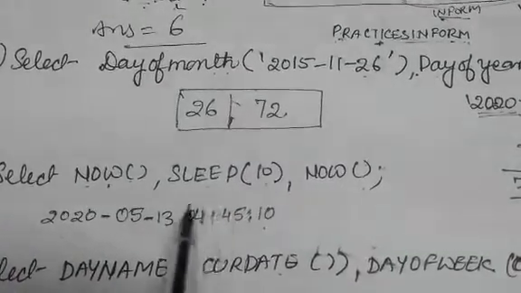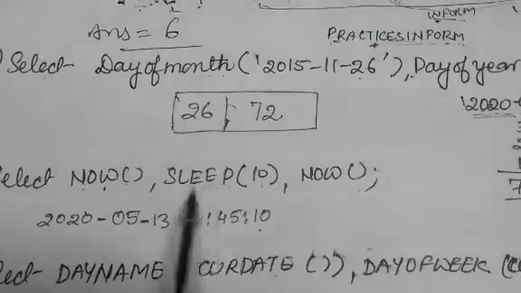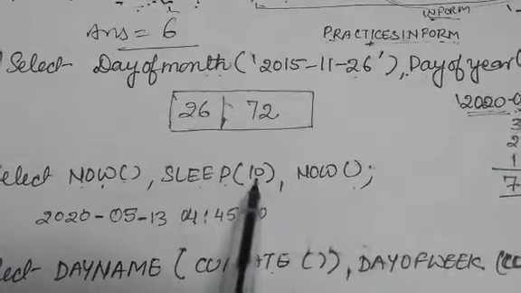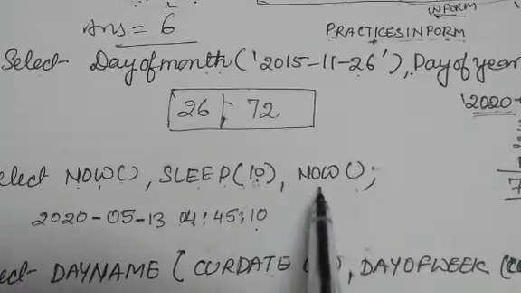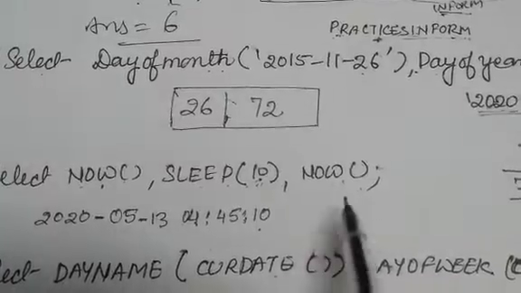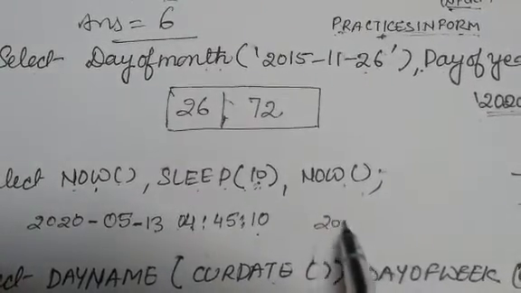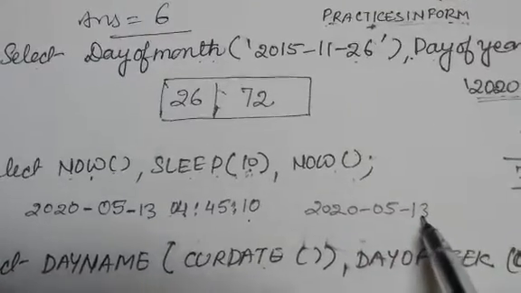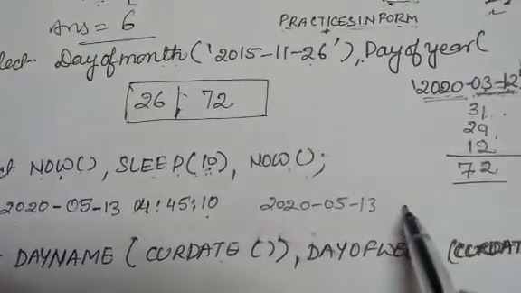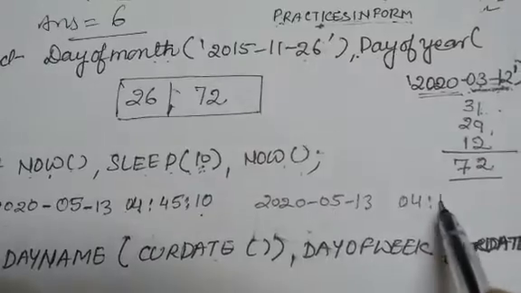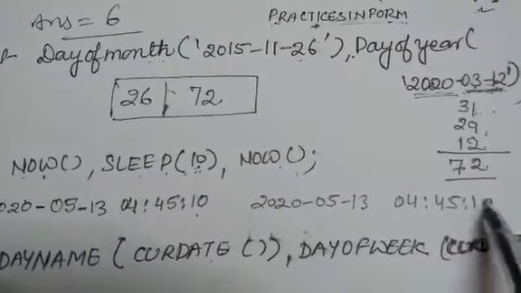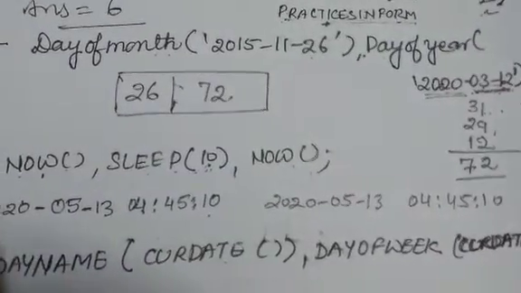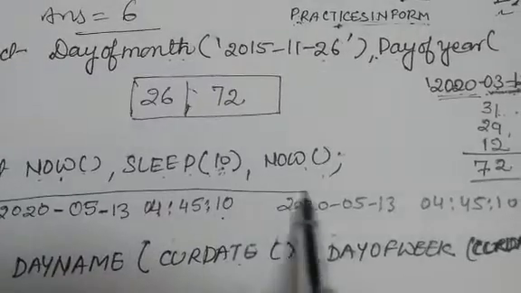Now sleep means it will ask the system to sleep for 10 seconds. This 10 is seconds. Again now, so it will give the same output, that is 2020-05-13 date followed by the time 04:45:10. So this will be the output.